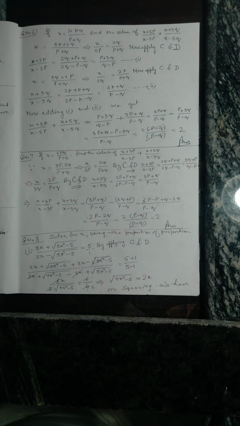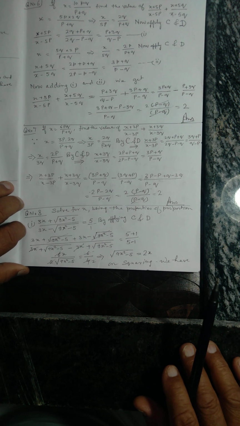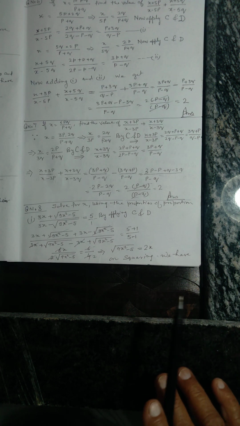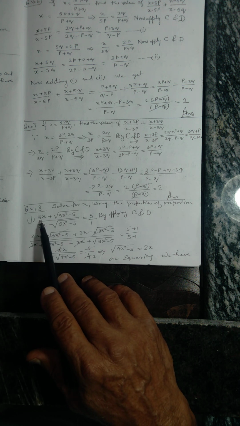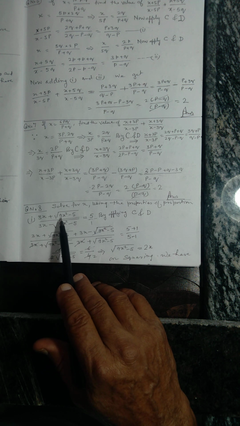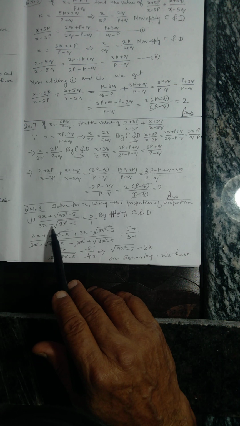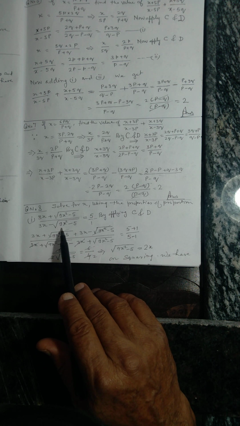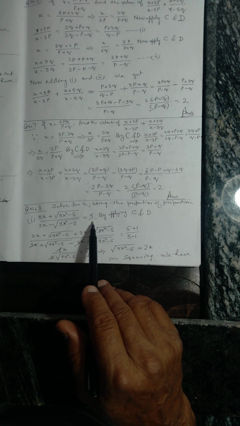Now proceed to question number 8. Solve for x using the properties of proportion. You see, the equation is given: 3x plus root of 9x square minus 5, whole upon 3x minus root of 9x square minus 5, equal to 5 by 1.